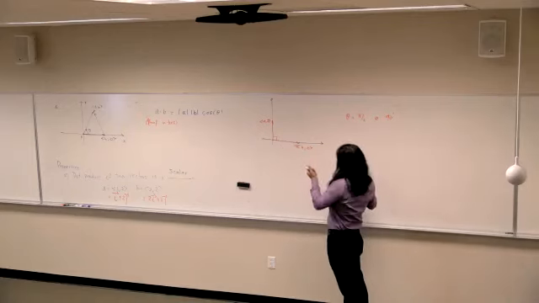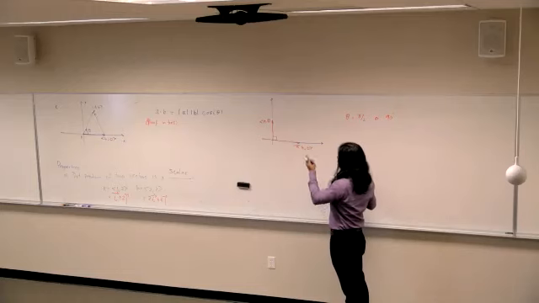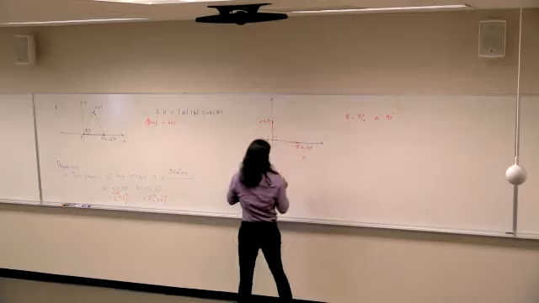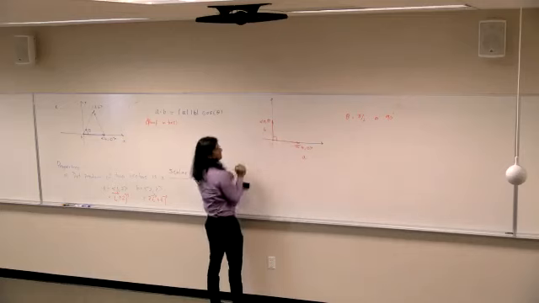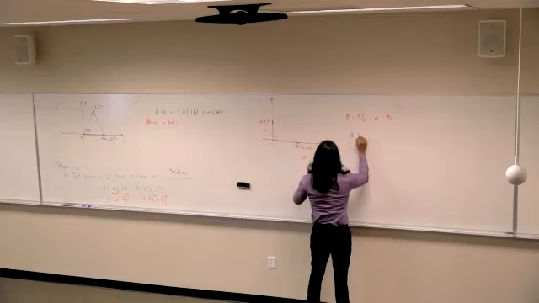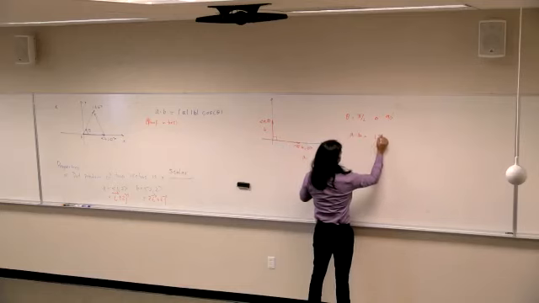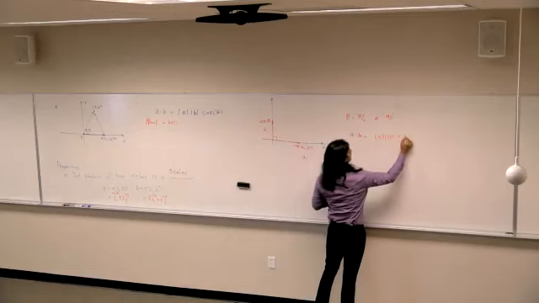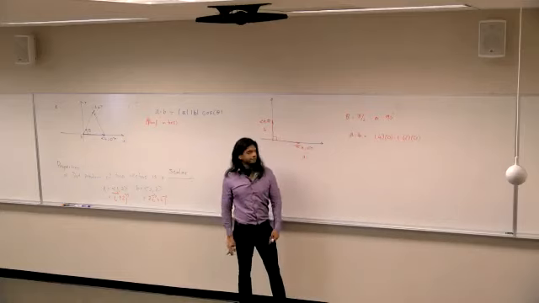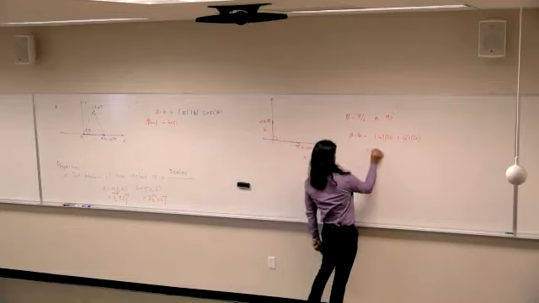Well, let's see if I can use that formula. A dot B, A in this case is (4,0), B is (0,2). A dot B is 4 times 0 plus 2 times 0, which is 0.